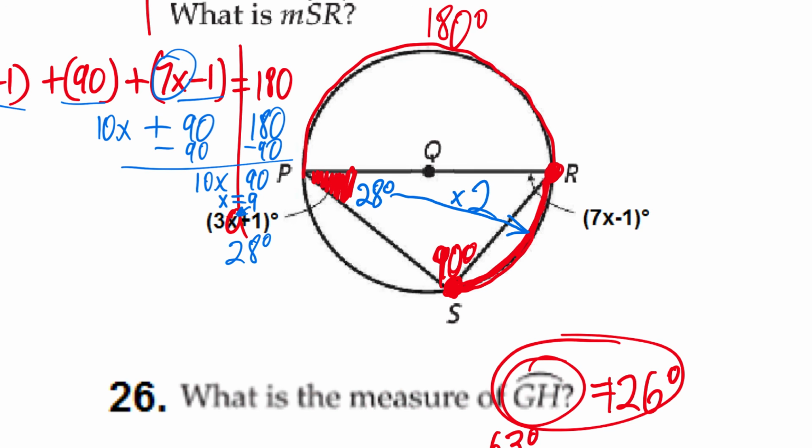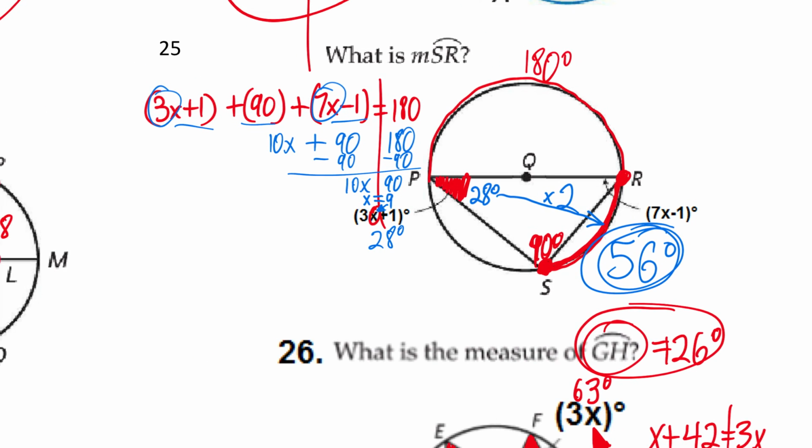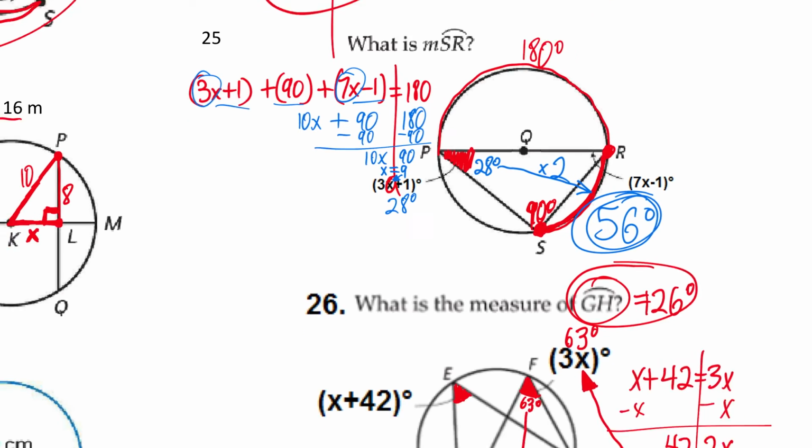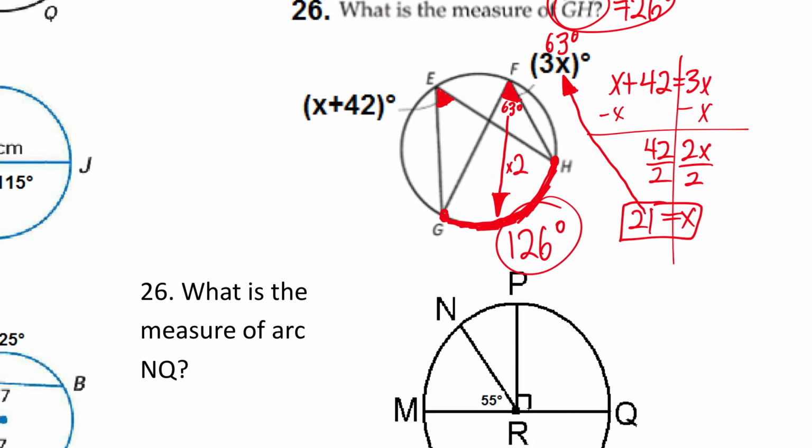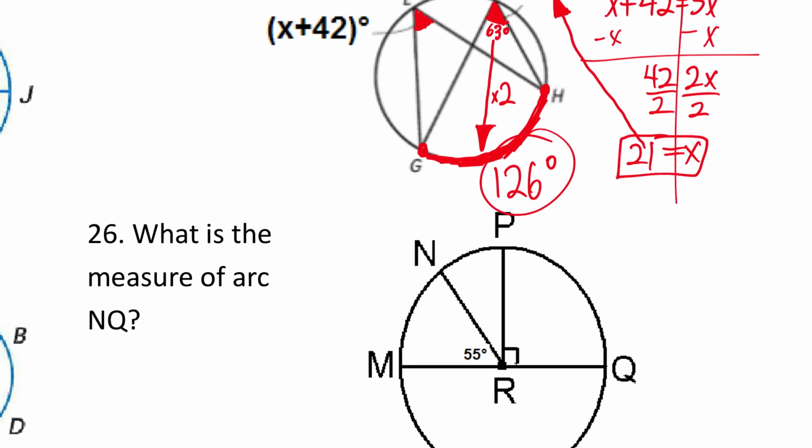So 28 times 2 is 56. It's 56 degrees. Okay, we're good there. Got that one.